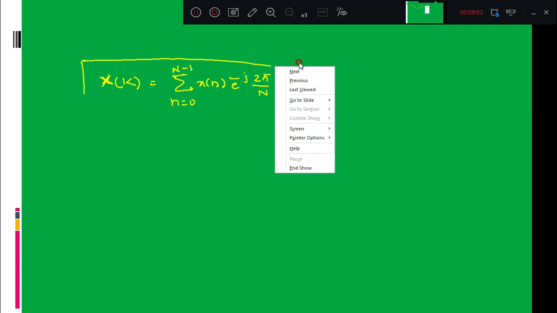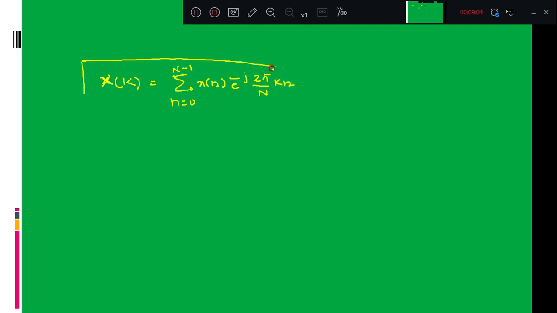So X(k) is equal to the summation n = 0 to N−1 of x(n) e^(−j 2π/N k n).